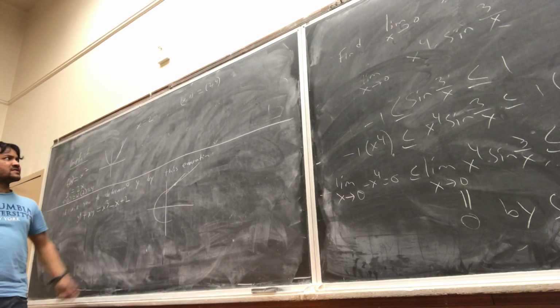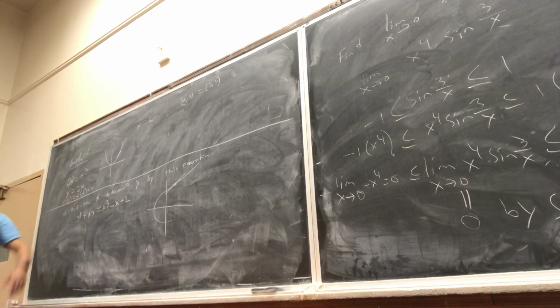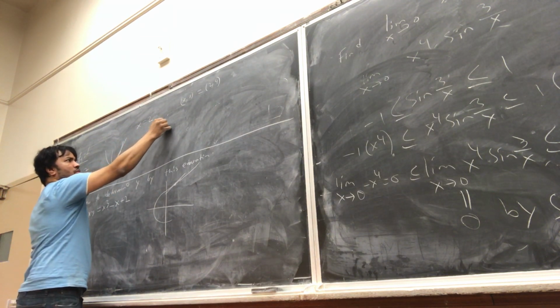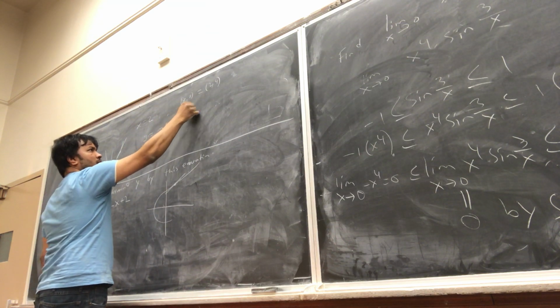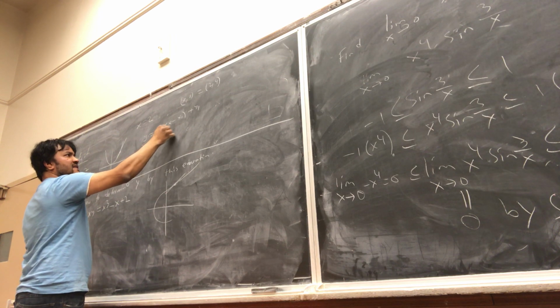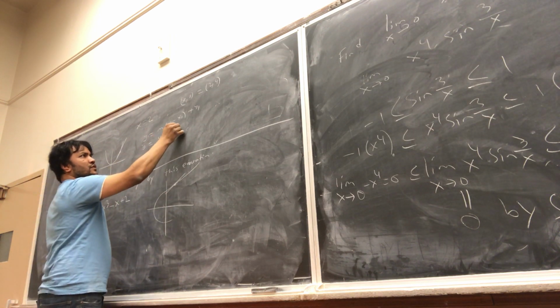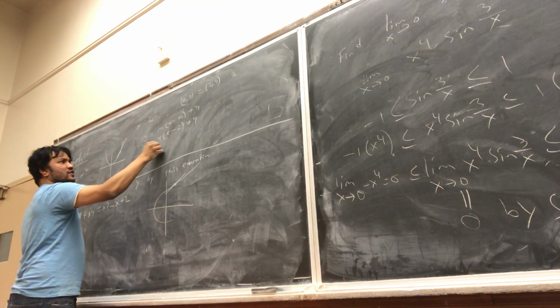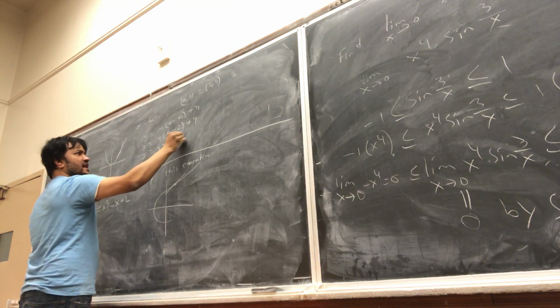So what is the slope of this line? 4. And what is the tangent line? So y is equal to m is 4, x1 is 2, y1 is 4. So y is equal to 4x minus 8 plus 4.